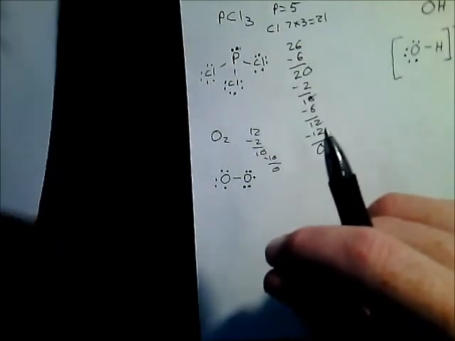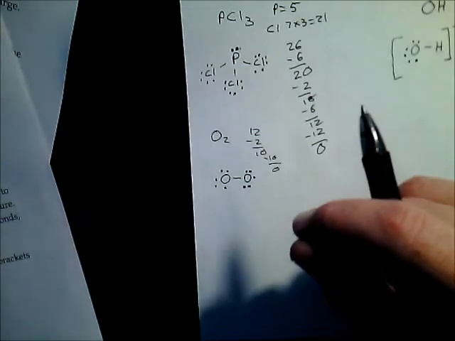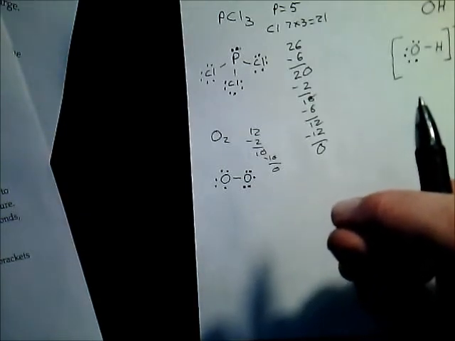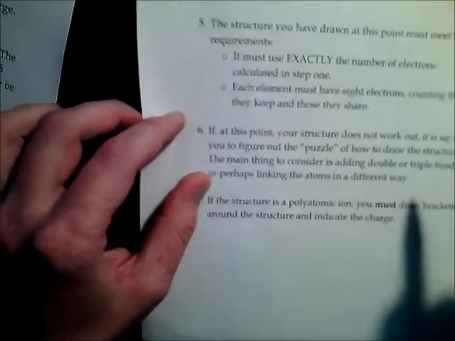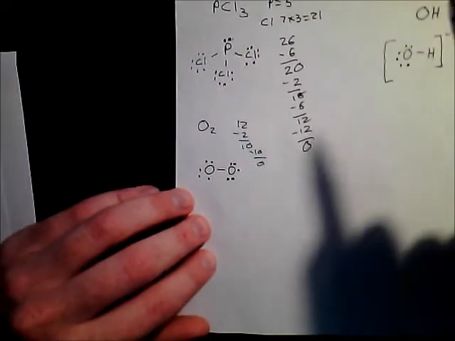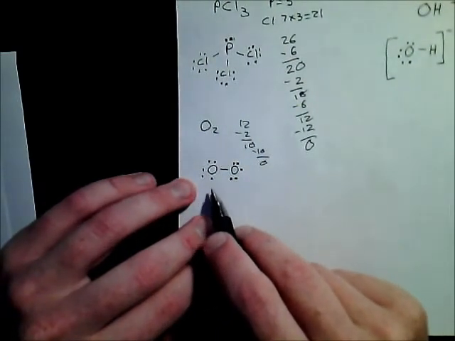And what we haven't done is there can be double or even triple bonds if necessary to meet these structures. That's basically what step 6 is saying here. So it is possible that elements would share 2 or even 3 pairs of electrons. By the way, typically you want to do this in pencil.